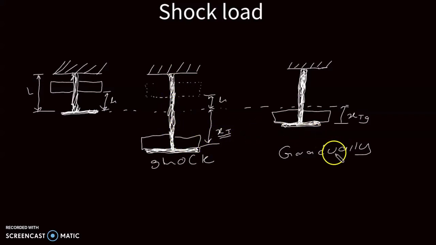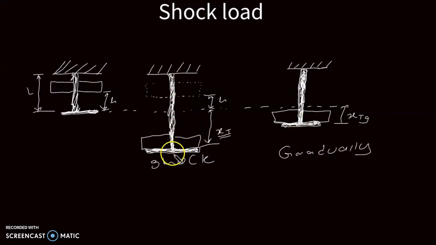Then gradually it will come back, as it did on the scale when we said it will oscillate. If you jump up and down on the scale, the gauge will record a force that is higher than your actual weight and then come back. This is exactly what is going to happen here.